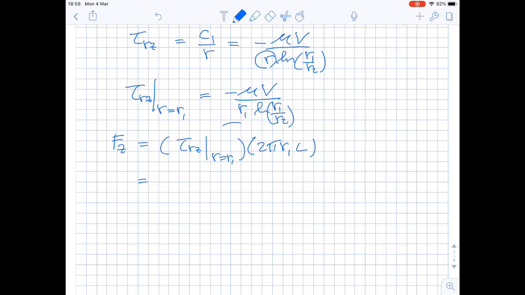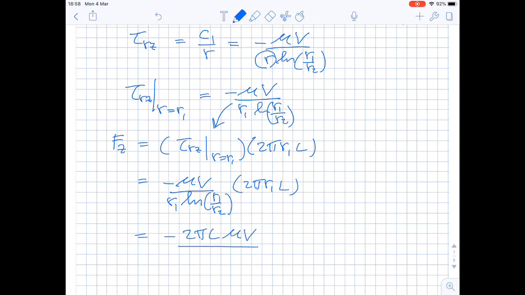So taking this here and rearranging the equation, you get the force to be minus 2 pi L mu V over ln R1 over R2, because this R1 and that R1 cancel out.